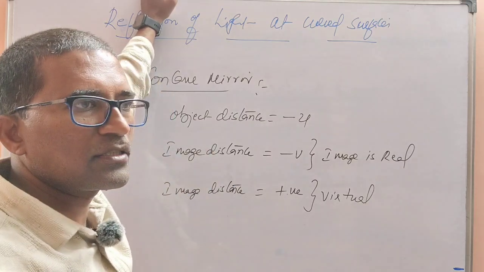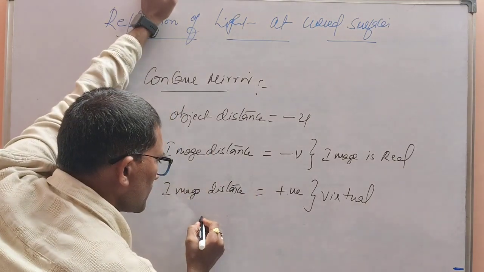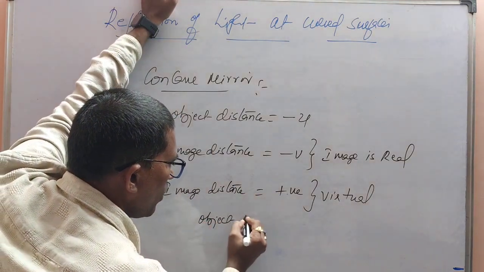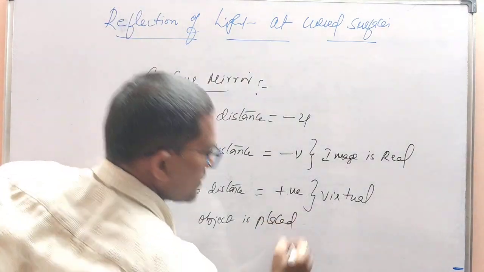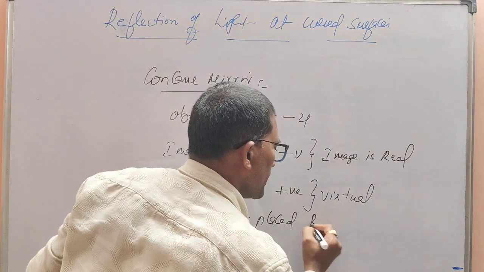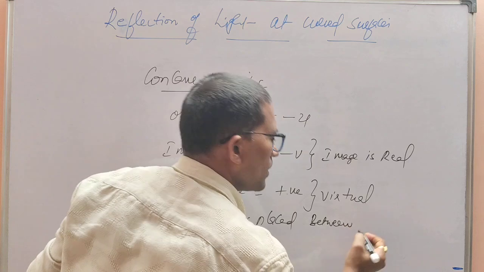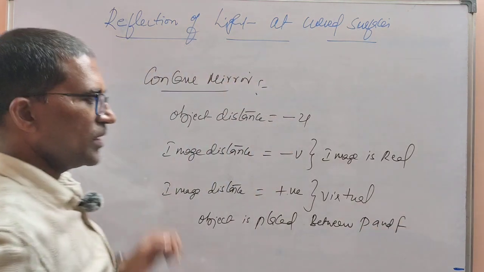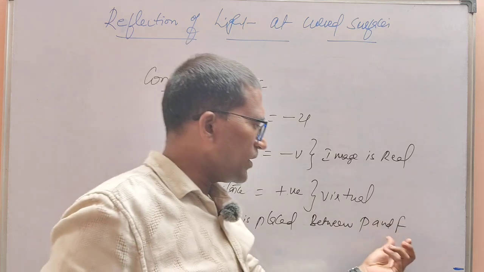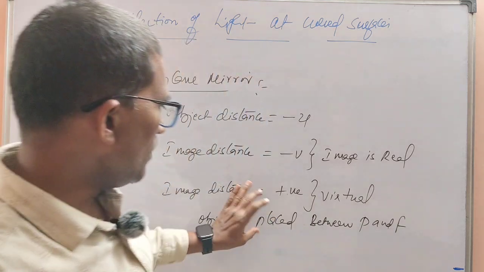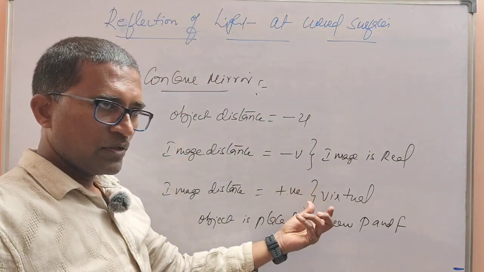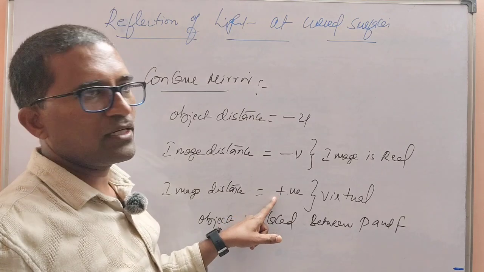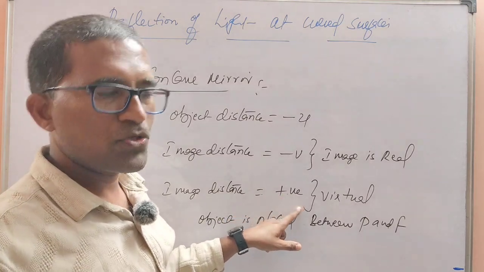The case is if the object is placed between pole and focus. If the object is placed between pole and focus, then only the image will be virtual. In that case, we take the image distance as positive.